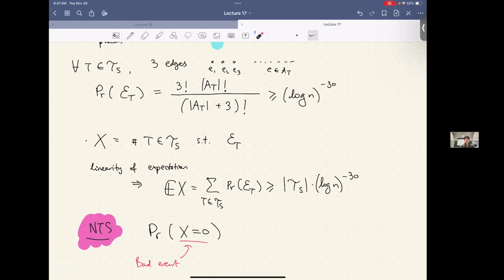No triangle survives. So as long as we can upper bound this probability, we are done. We need to upper bound this probability by at most n to the negative 2s, which then will imply our good probability, will imply that alpha 3 of H is smaller than s.